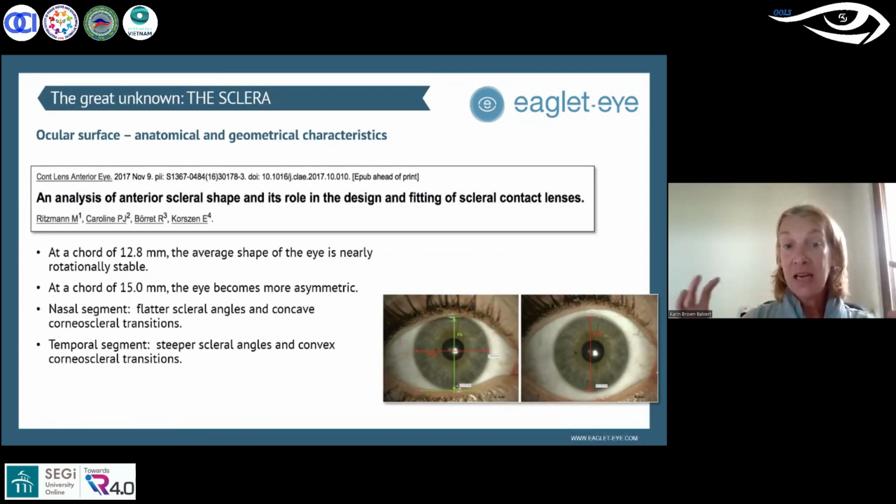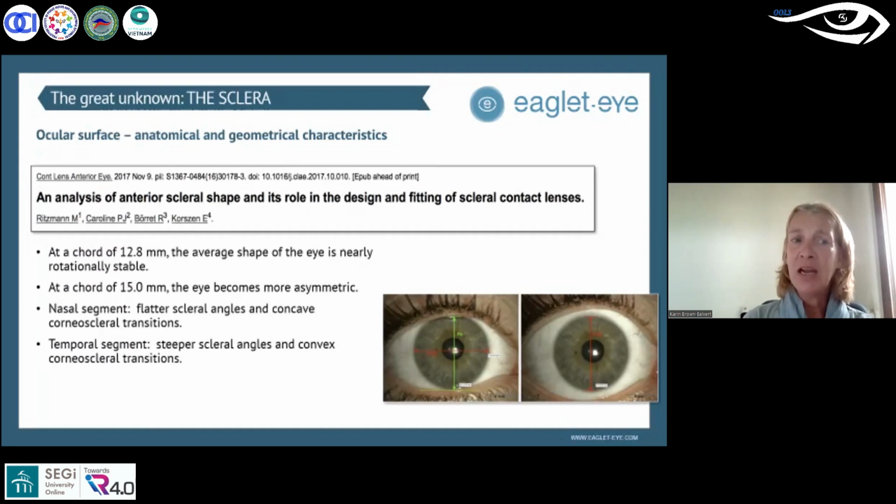If you take it slightly further, to 15 millimeters, the eye becomes much more asymmetric. The nasal segment always tends to be a little bit flatter, and it has the concave corneal scleral transition. If you're looking at the temporal segment, you're getting steeper scleral angles and a convex corneal scleral transition.